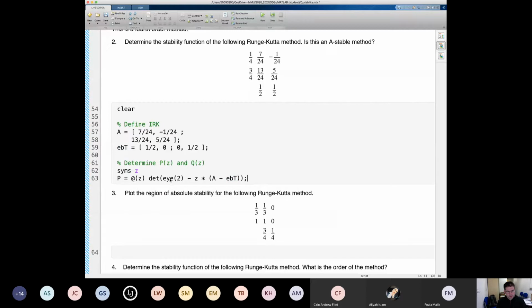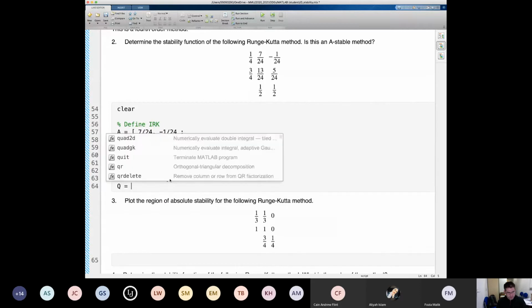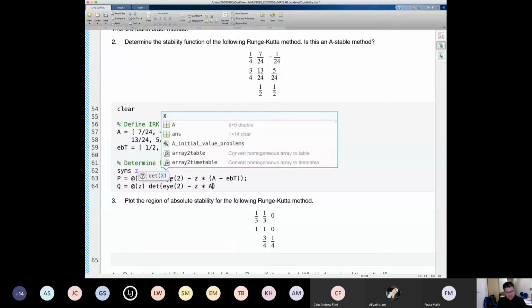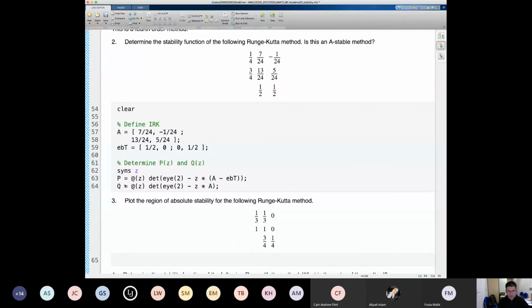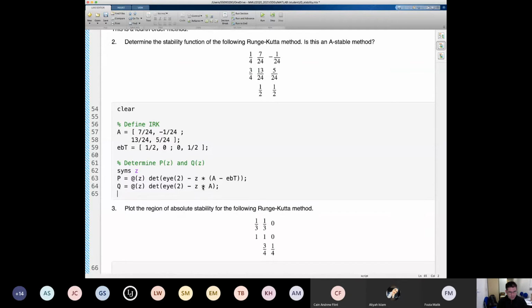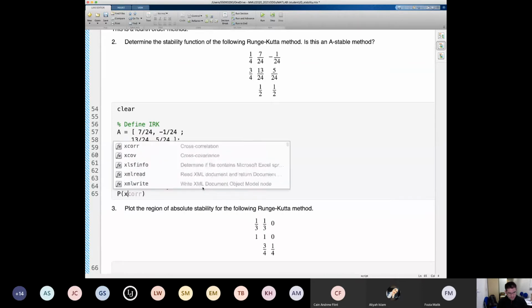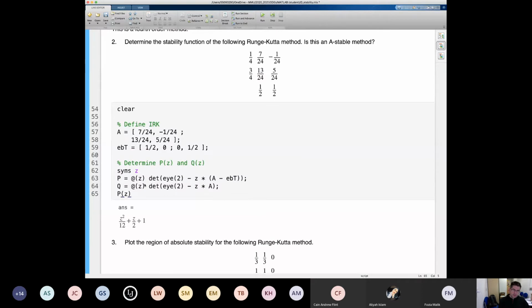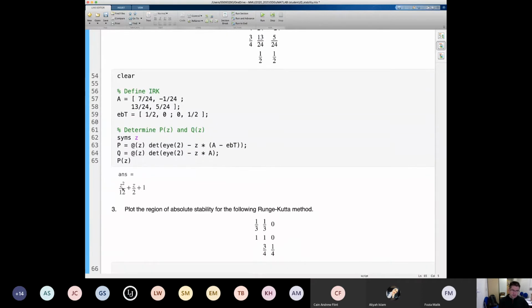I'm also going to do the same for q. So q is at z, the determinant of the identity minus z times A. That was just equation 4.7, where p was the numerator and q was the denominator. If I return pz, you can see we have z squared over 12 plus z over 2 plus 1.